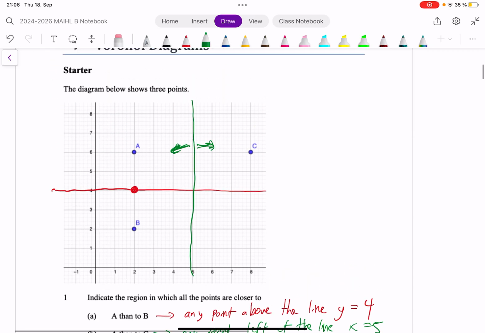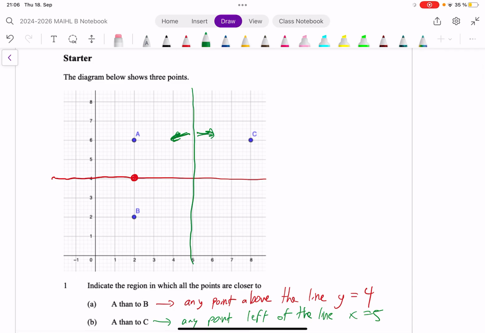So then closer to B than C, right? And so this one's not as easy to figure out, right? Like you might have to do some calculations for looking at it. Between B and C, the actual midpoint is right there, right? We could calculate it, and we will eventually, but just for the purposes of looking at it, that's the midpoint. And then it would be a line that is through here.